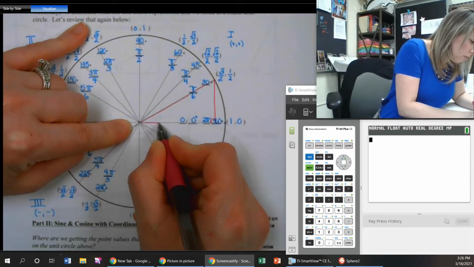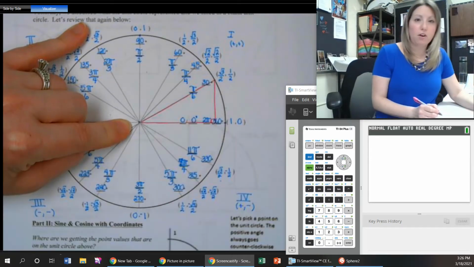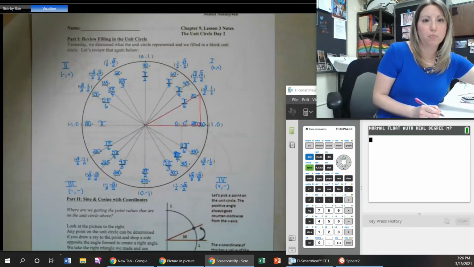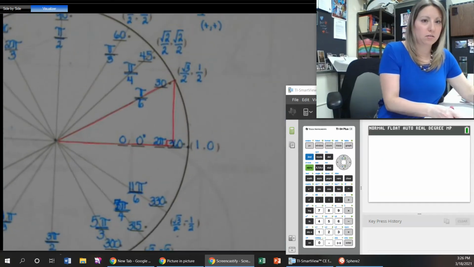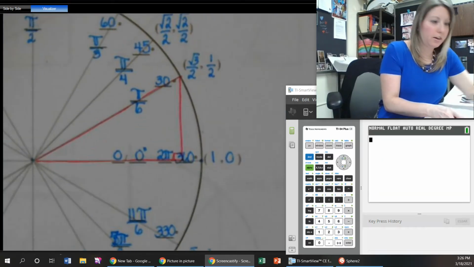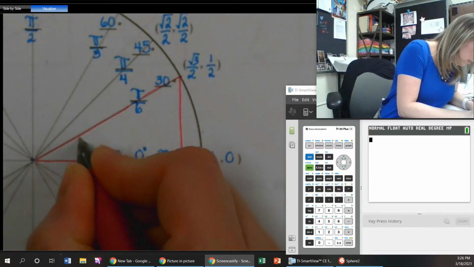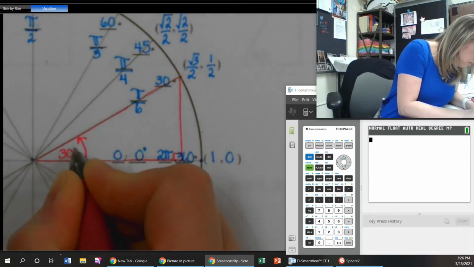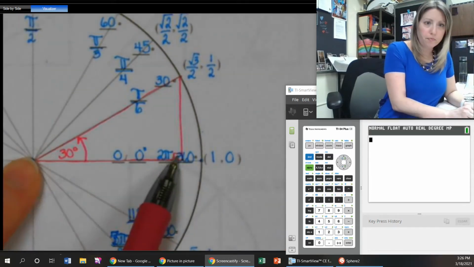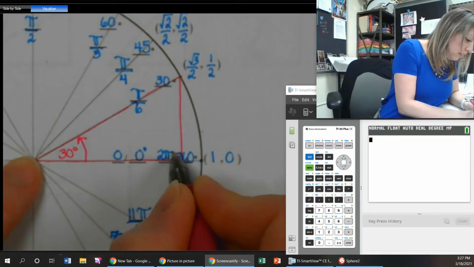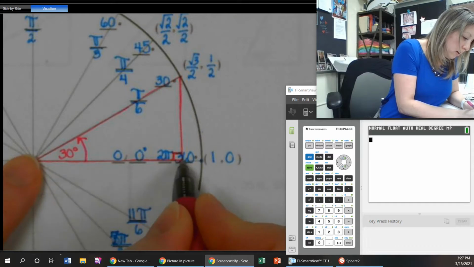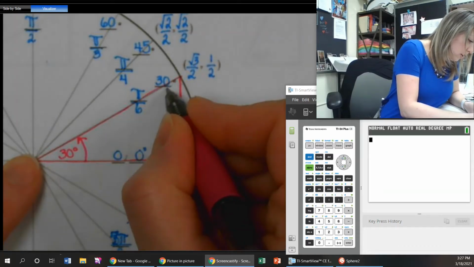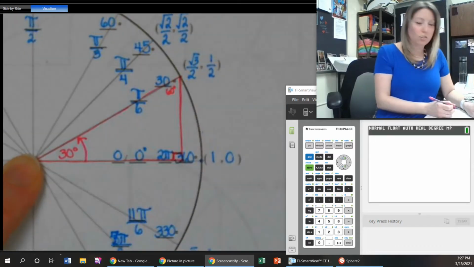And I know that this is a 30, 60, 90 right triangle that I just put in the pink. Okay, so I just outlined that guy right here. And I know from here to here is 30 degrees. Okay, since this is 90 degrees because I made the right angle with the x-axis right here, then I also know that this angle measure up here is 60 degrees.